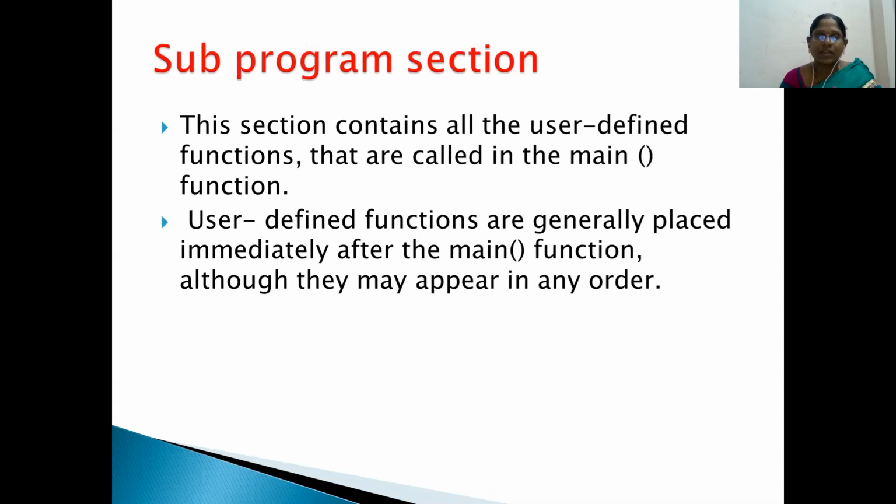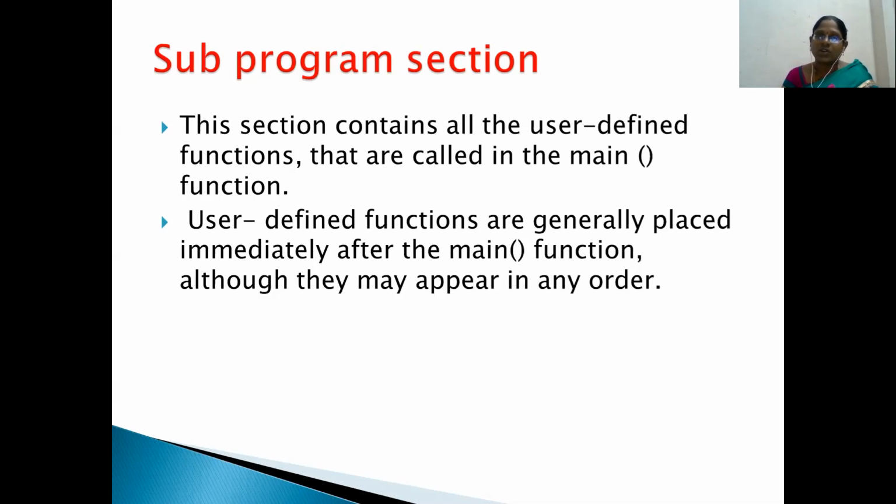Next, the last part is the subprogram section. This section contains all the user defined functions that are called in the main function. User defined functions are generally placed immediately after the main function, although they may appear in any order. As we have discussed previously, in addition to the main function, you will have some more functions which are defined by the user.